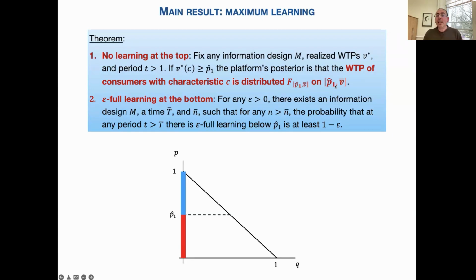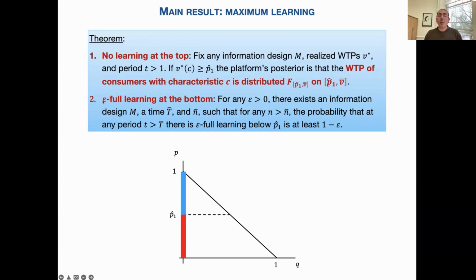Essentially, if your value is above the optimal uniform price, the only thing I learn is that your value is above P at 1. I don't learn anything else. So if we are in the uniform on 0, 1 case, where marginal cost is normalized to 0, the optimal price is one half. If your value is above half, the only thing I learn is that your value is above half. I don't learn anything else.